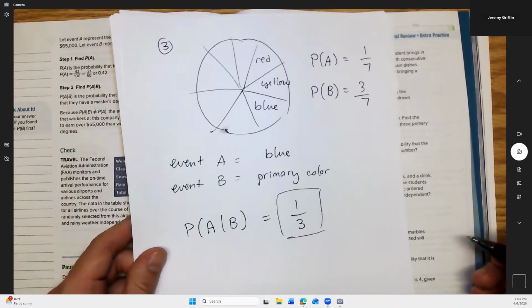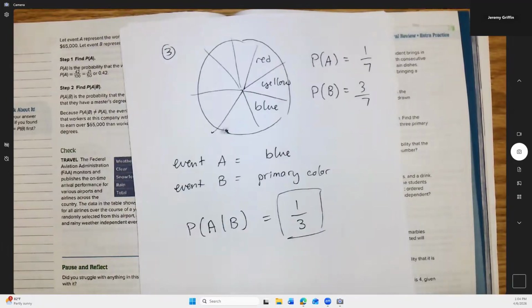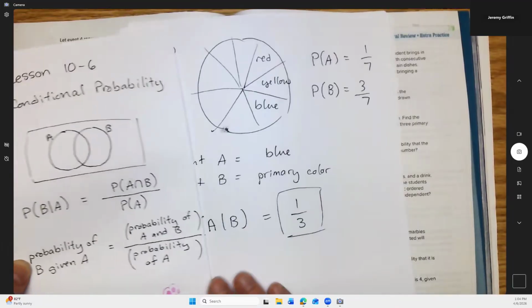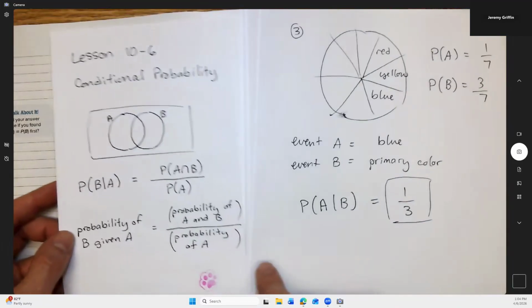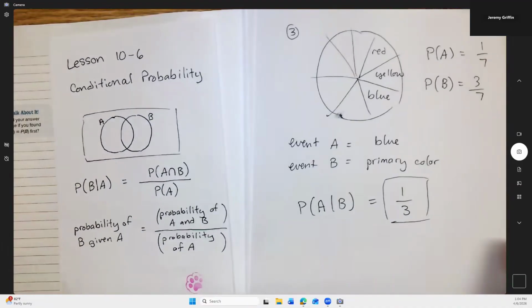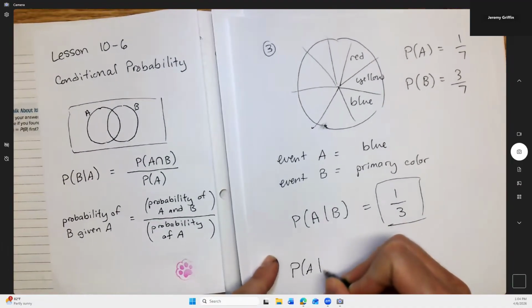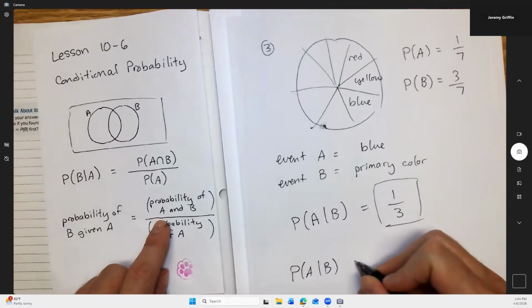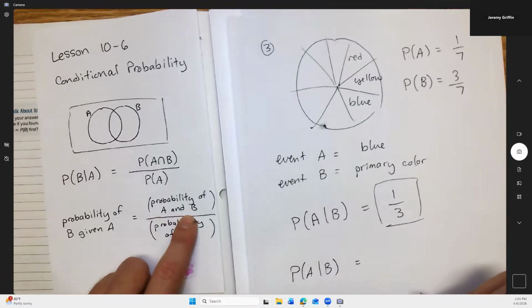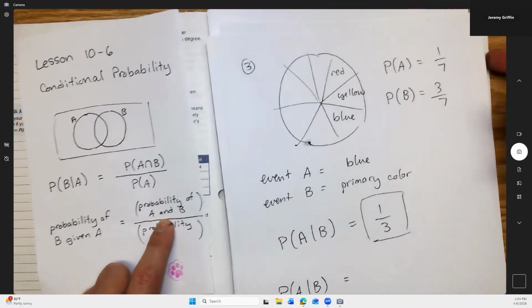Okay. Now, what's another way we could have looked at this? Here we go back to the beginning, because I told you another way is we could look at it like this. Okay, so probability of A given B could be the probability of A and B happening, which would happen 1 out of 7 times.